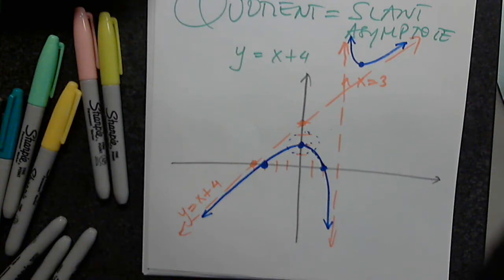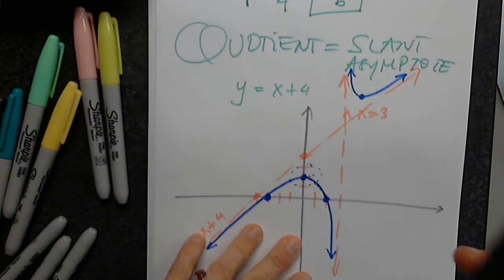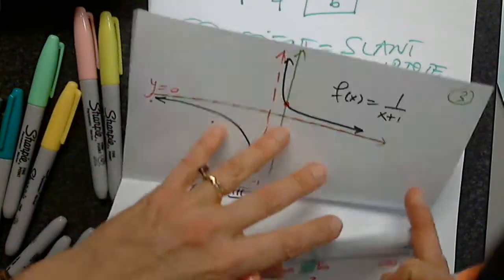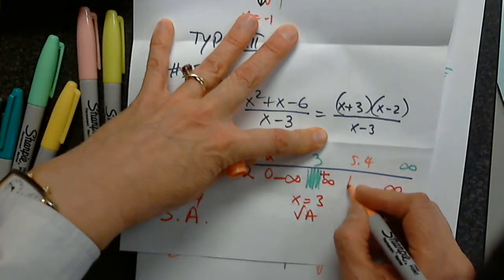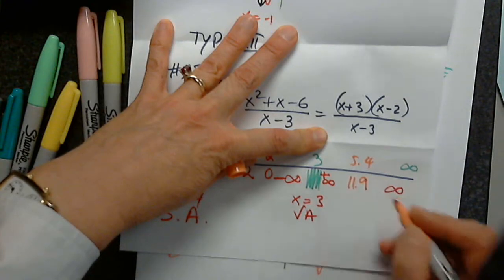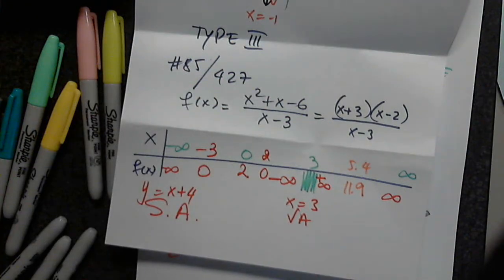So I can put 7 as the right bound. Definitely it passed the minimum, and no guess. It's giving us the minimum at x equals 5.4, and the minimum value is 11.9. So that's the minimum.